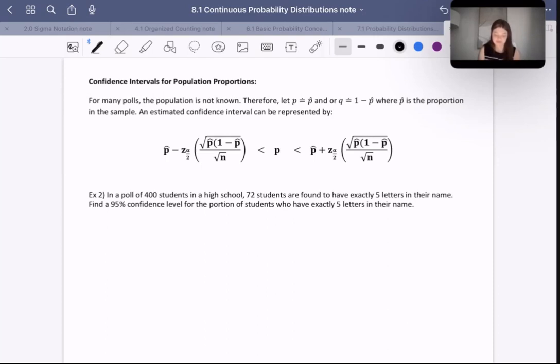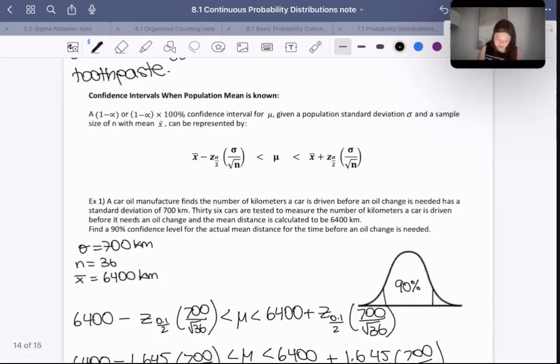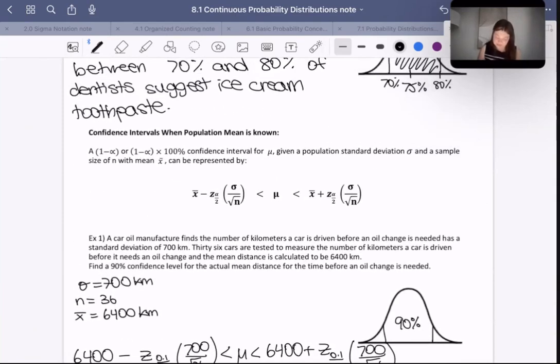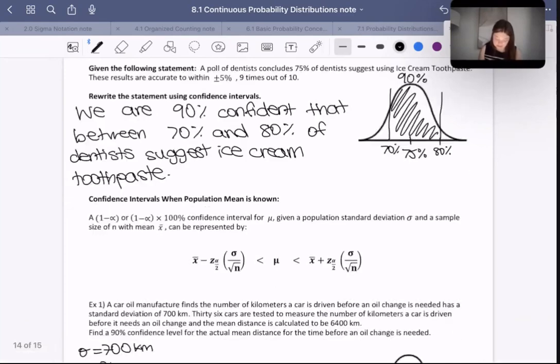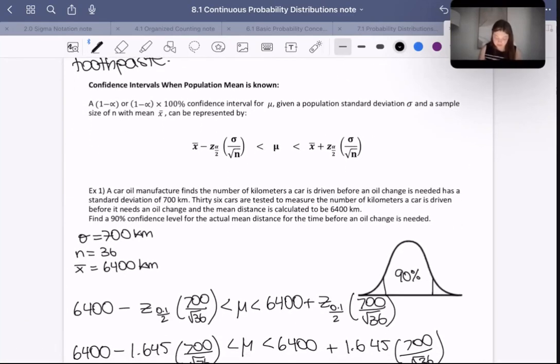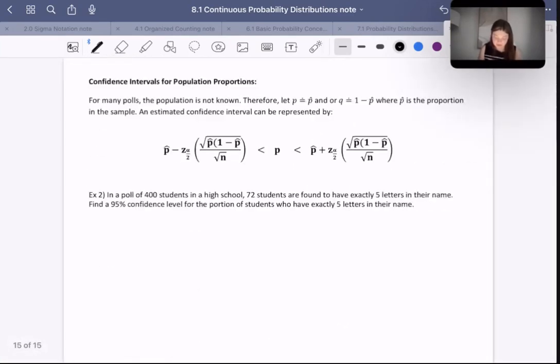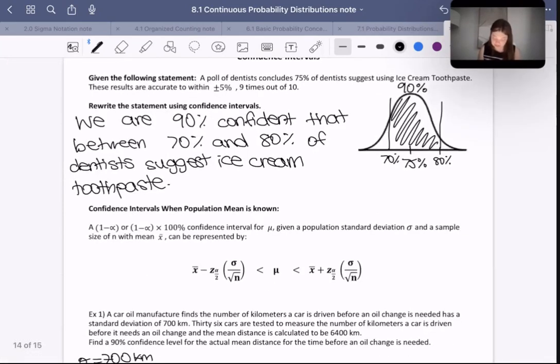So again, this is basically the same thing, except that instead of x bar, we have p hat, and instead of standard deviation over root n, we now have root pq over root n. These are very, very similar equations, and it's something I want to point out to you.